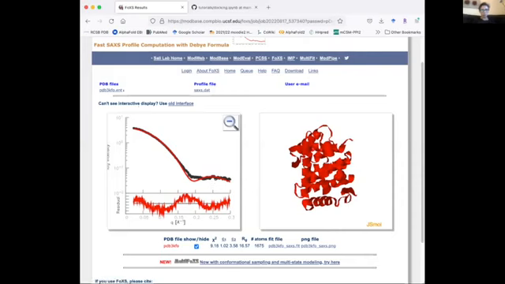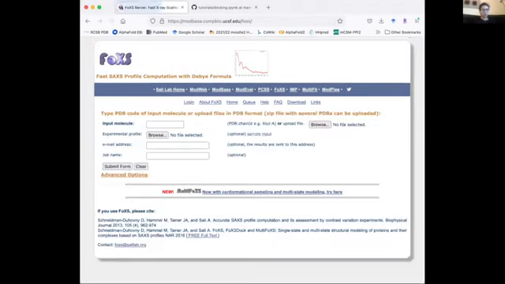And now I want to go back. And I have those models zipped already. So I upload them here. And the SAXS profile. Okay, so we submitted.